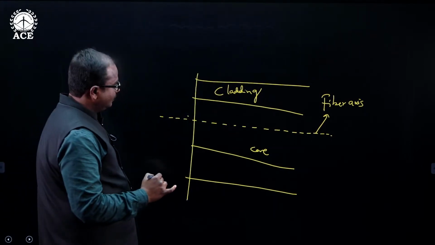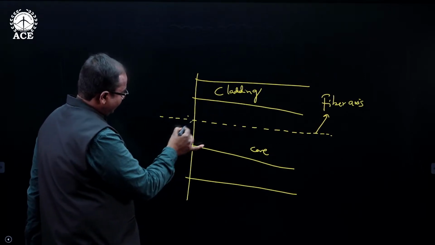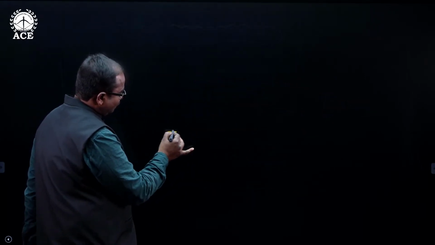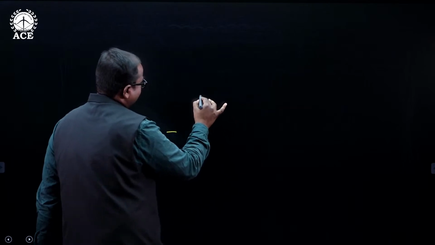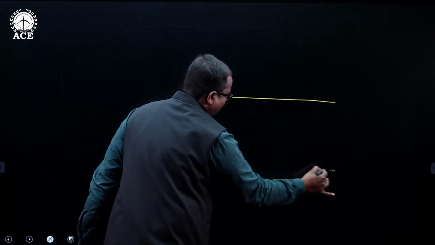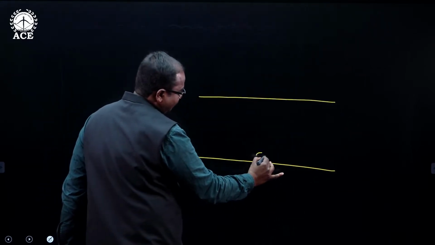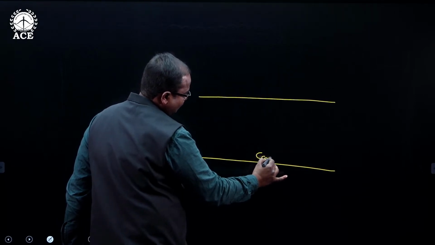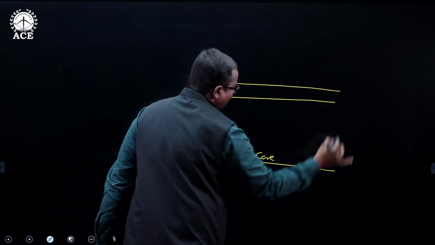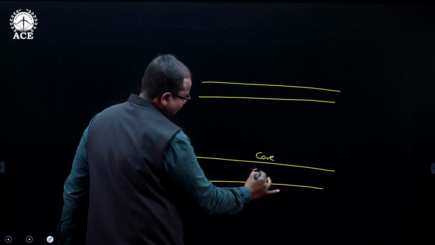Sorry for the disturbance. So, when the light ray is trying to go, again I will draw, this is the core medium, with refractive index N1, and this is the cladding, with refractive index N2.